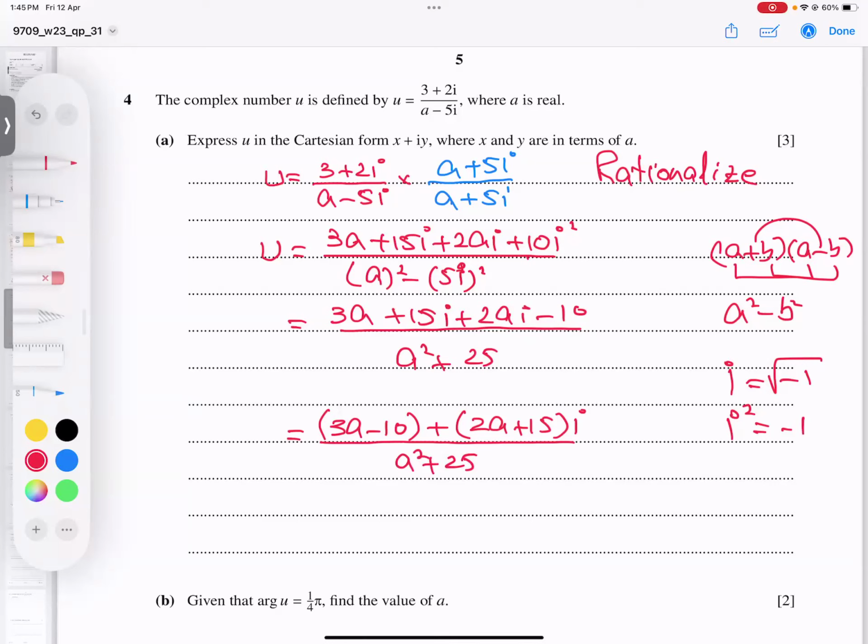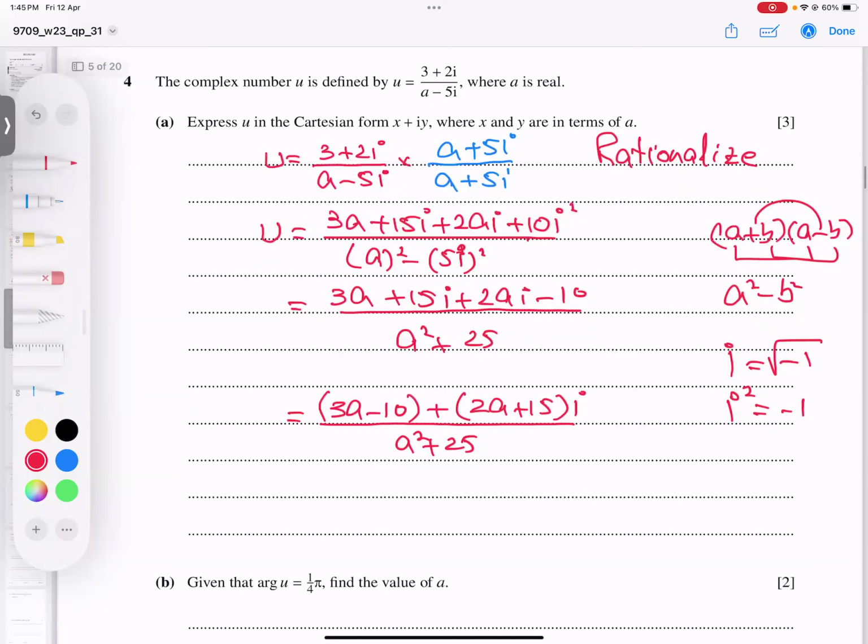Now what to do, students? Naturally, we can use the splitting criterion, like (a plus b minus c) by d. This algebraic property says whenever we have this, we can write a by d plus b by d minus c by d. Same story here: this divided by this separately, and this divided by this separately.